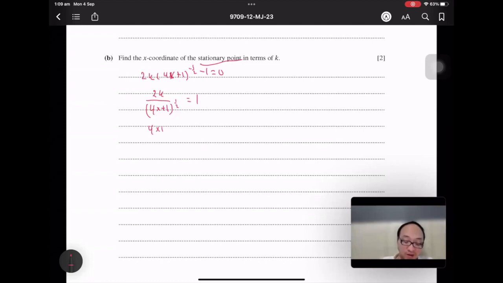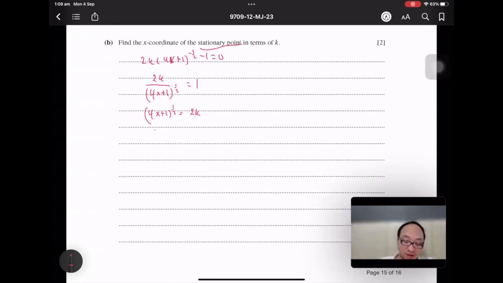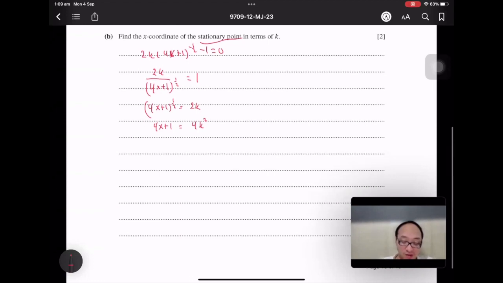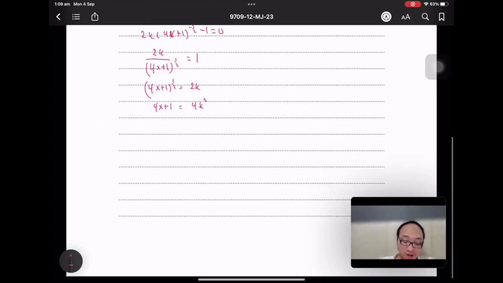So root (4x plus 1) equals 2k. So 4x plus 1 equals 2k squared, yeah, we square it. So 4x equals 4k squared minus 1, x equals (4k squared minus 1) over 4.